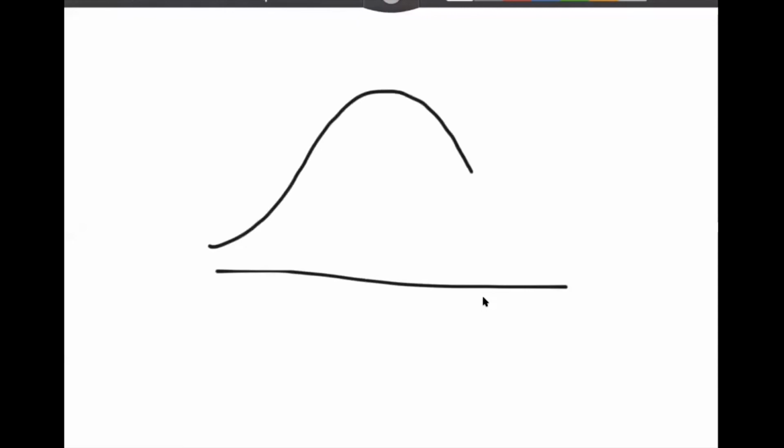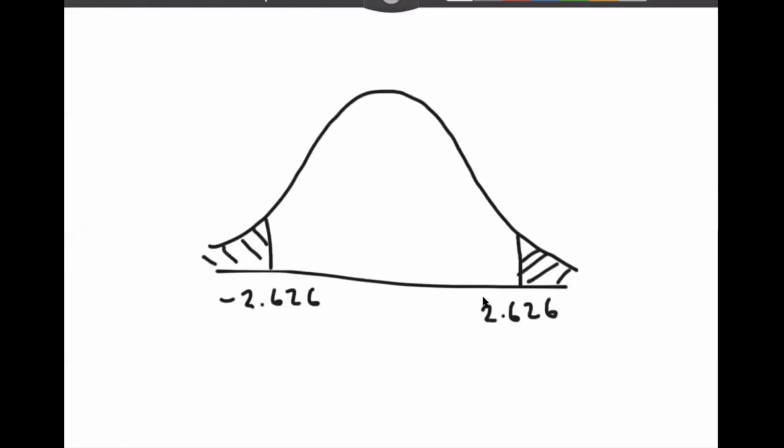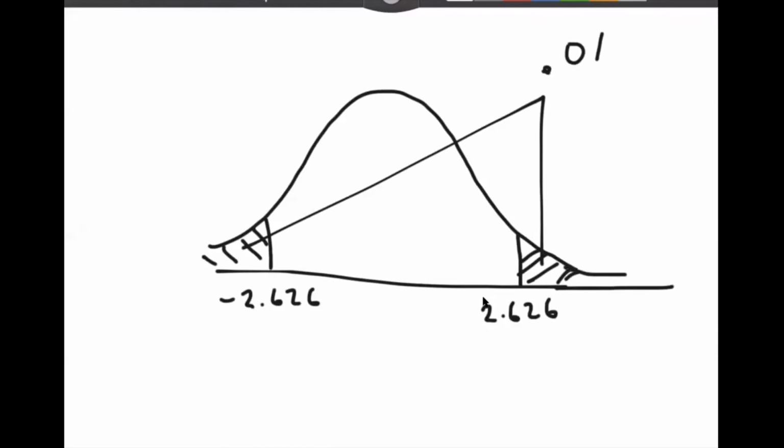So if I draw my t-distribution, what that's saying is that the combined area to the right of 2.626 and to the left of negative 2.626 is 0.01. Our calculated test statistic was negative 6.64.